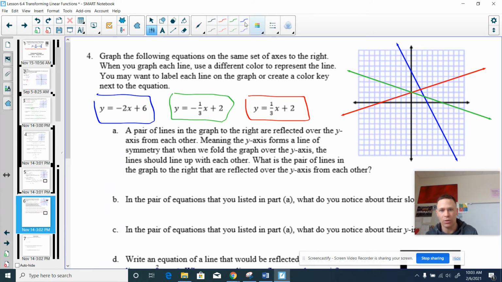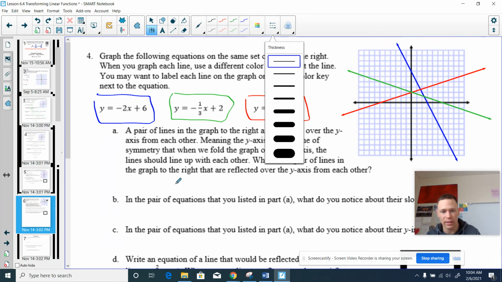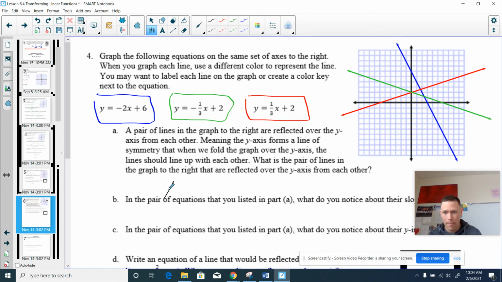Okay. So I'm going to grab my pen. I got to change the thickness because we're short on space if I write like that. So which ones are they? It is y equals negative 1/3 x plus 2 and y equals 1/3 x plus 2. Okay?